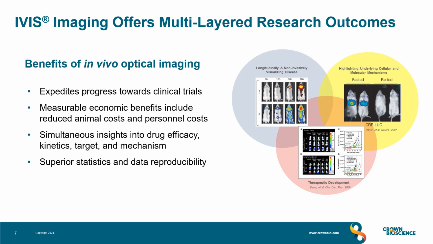It has measurable economic benefits, including reduced animal costs and personnel costs. It allows simultaneous insights into drug efficacy, kinetics, targets, and mechanisms. It also facilitates superior statistical analysis and reproducibility.